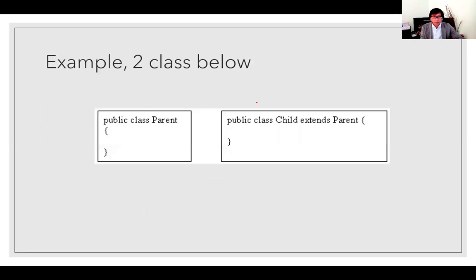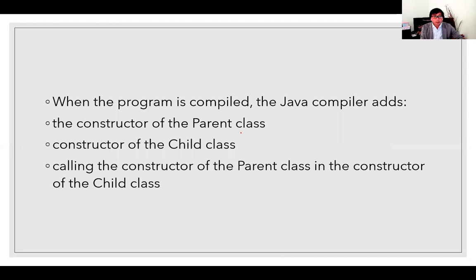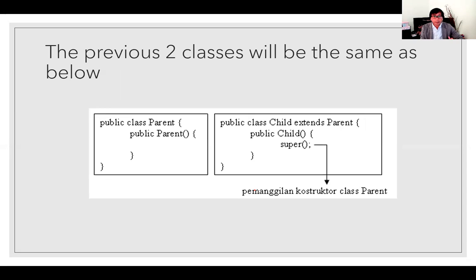So when you create this kind of class, it is okay because the Java compiler will create the default constructor for you. It is not mandatory to create a constructor, as I already explained. Even though you are not creating the constructor, Java will create the default constructor. It is the same as creating this kind of situation.